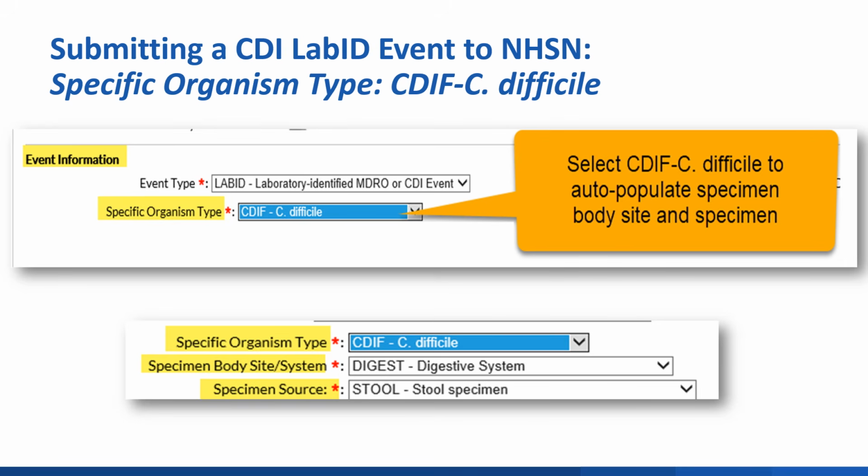After selecting C. difficile, the next two boxes will pre-populate with the specimen body site system as digestion system, and specimen source as stool specimen. There are no other specimen source options when reporting C. difficile events into NHSN.